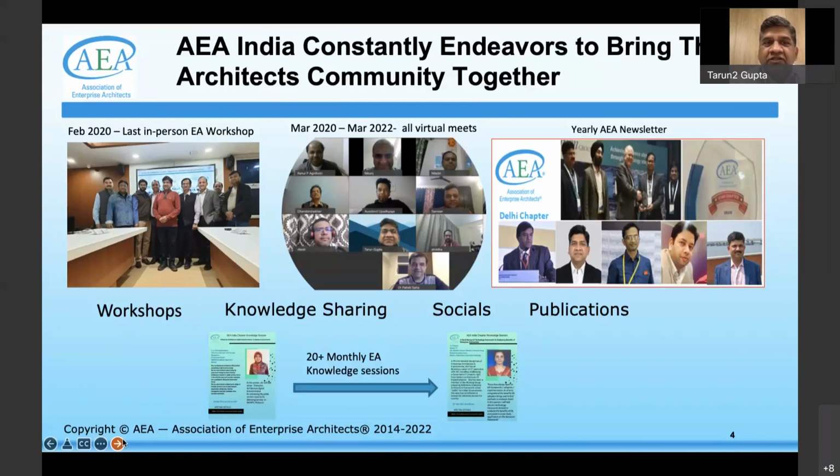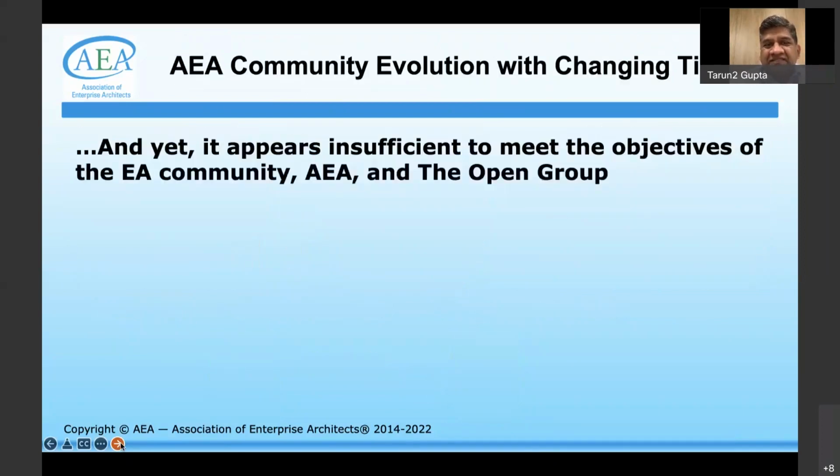During those times we also published a newsletter on all the activities, and in the past few months we could sit together and drive new ways to address the changing needs of enterprise architects. But still, we believe whatever we have done in the past has to change. So I would like Vikas to share with us how we have taken this new dimension.